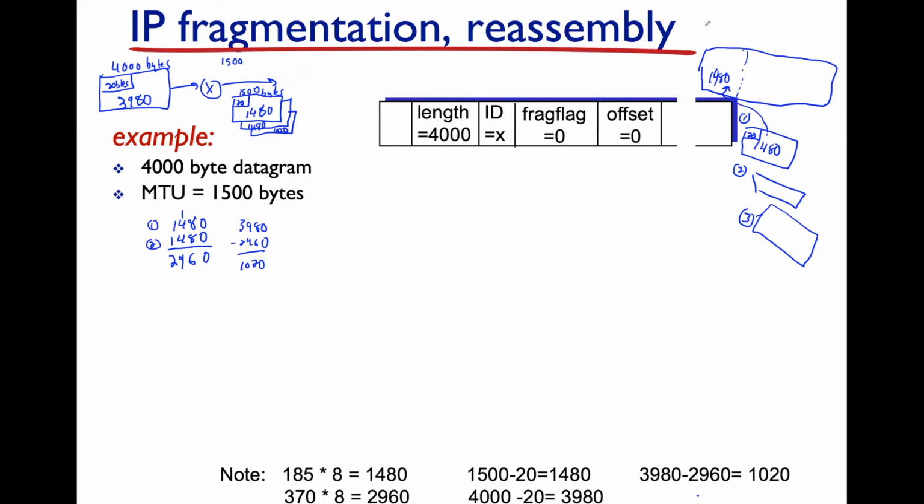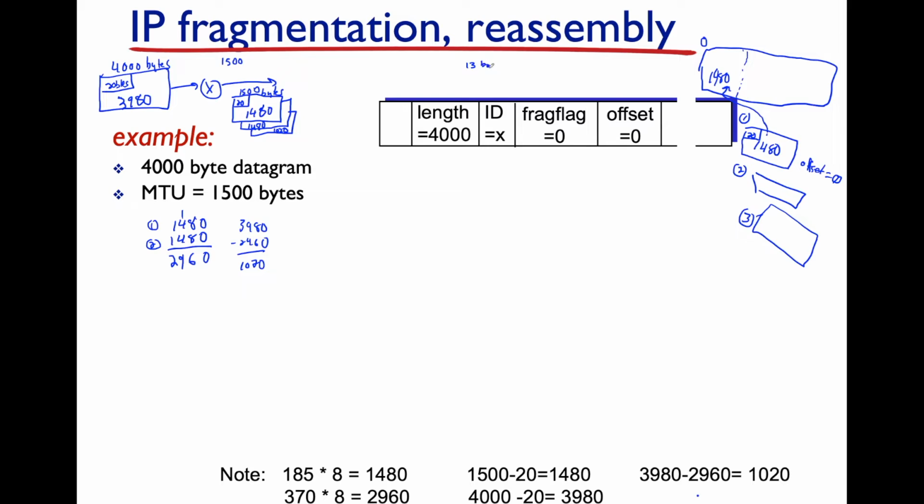If we look at the offset, the position in this larger payload that we're reconstructing from the fragments, that position is going to start at 0. And we're going to write an offset of 0. That needs to be carried in the fragment datagram because we need to know where do I put this 1480?